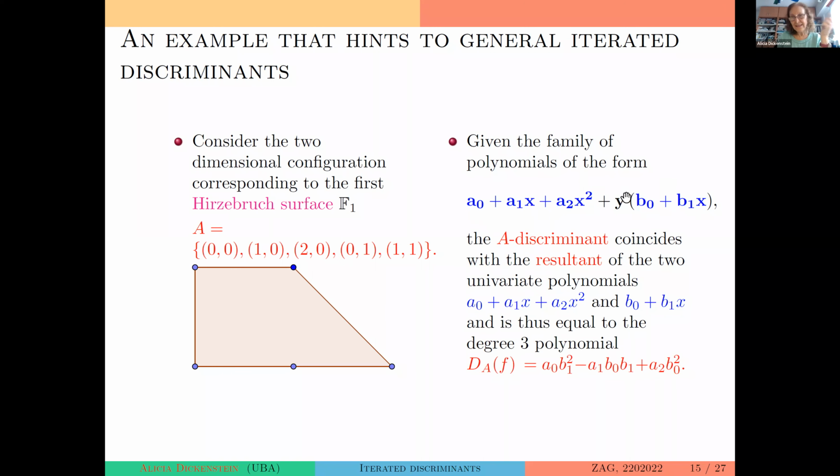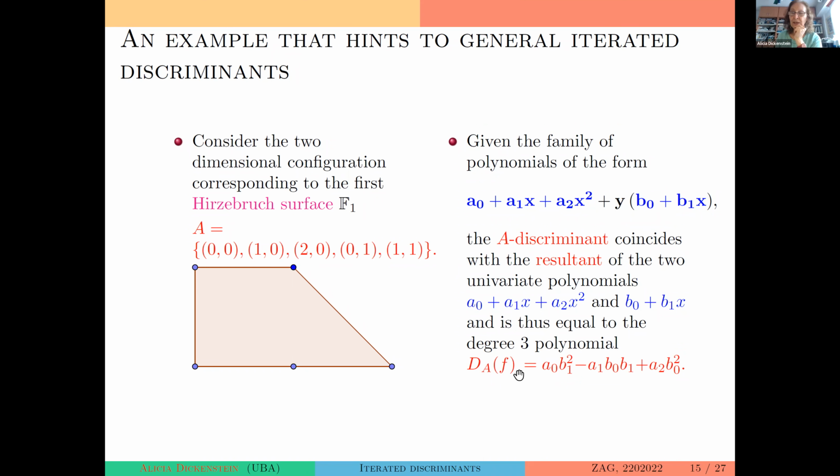And then in this case, this is a case of a Cayley configuration. We have these two parallel configurations. It coincides with the resultant of these two polynomials. And then to compute the resultant, again, we can solve here x equals minus b0 over b1. We replace here, we clear the denominator, and we get the discriminant. This is the discriminant.